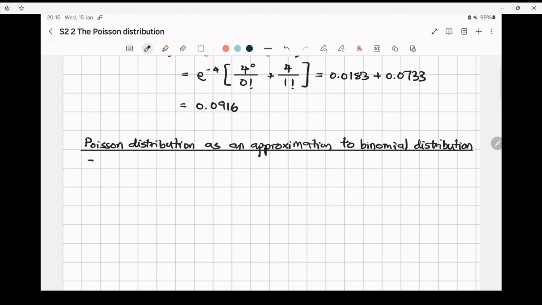So the first thing that you need to remember is that this is from a discrete distribution to another discrete distribution. That's why you don't need to use the continuity correction. Okay.